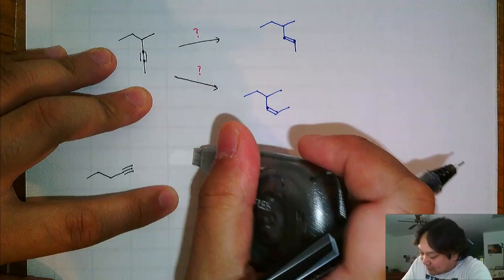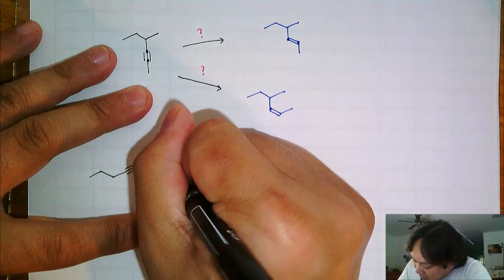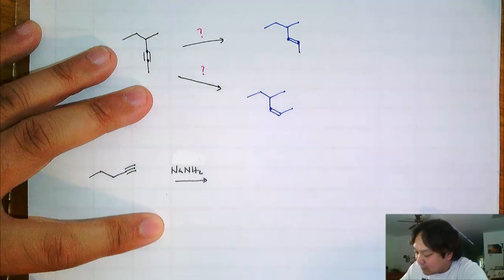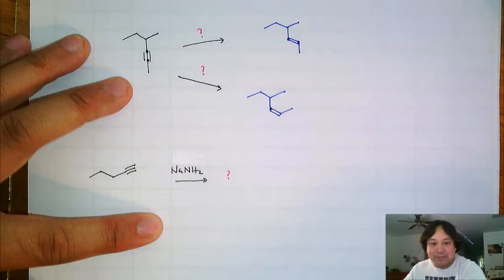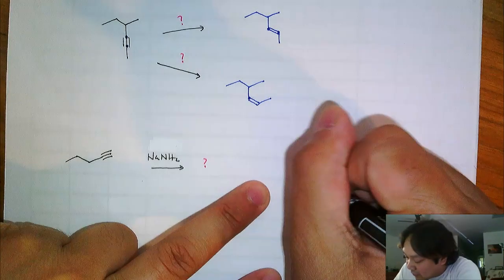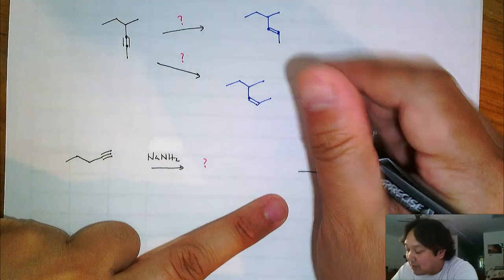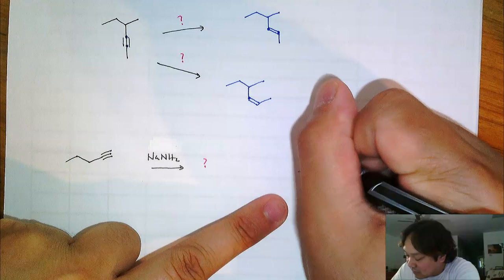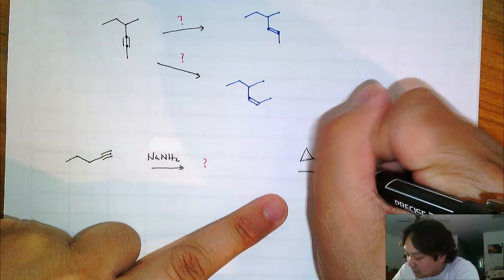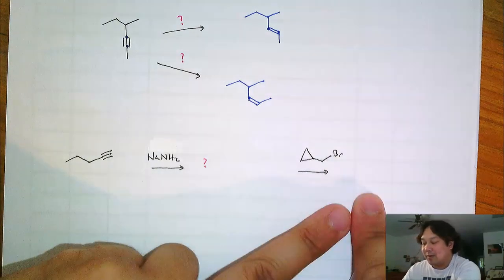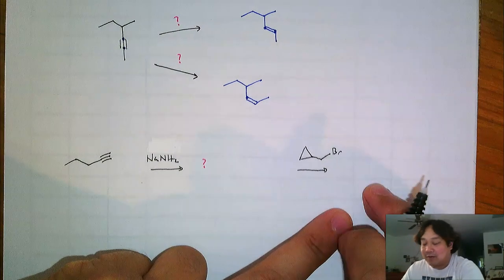Oh my goodness. Okay. NaNH2. Question mark. Then I want you to take that molecule and react it with this alkyl halide. And we'd have that. You'll have this molecule here.